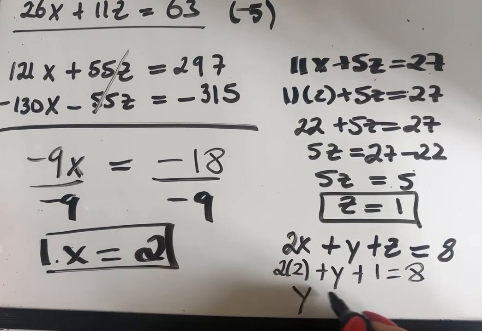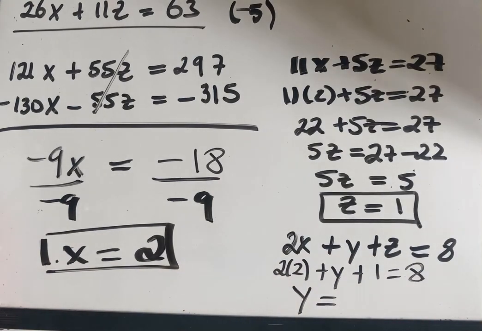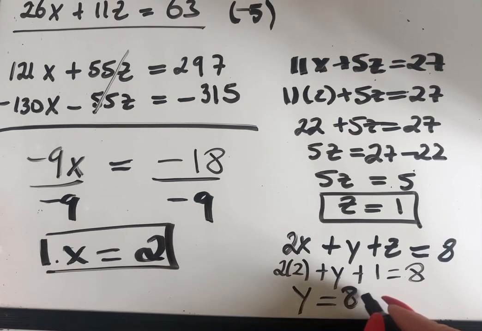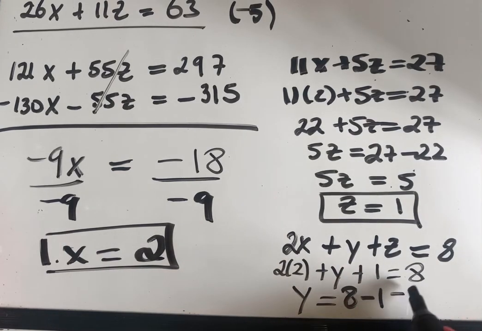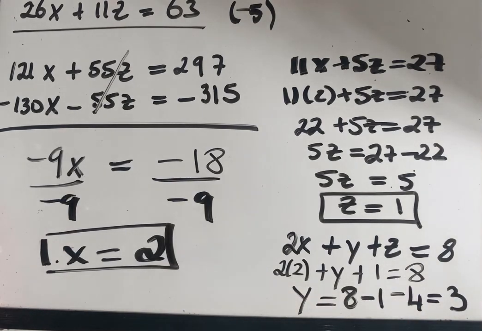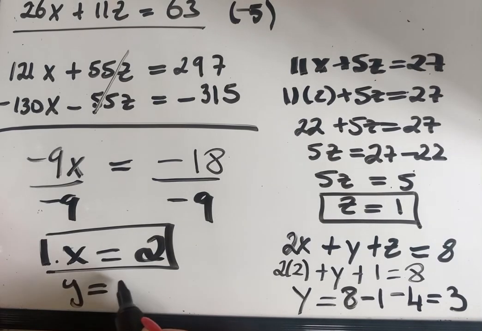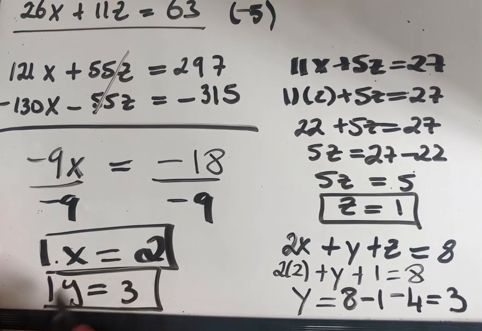So we'll keep our y here, and let's bring our numbers across. So we have 8, take away 1. This here, of course, is 4. Let's bring it over, make it a negative 4. So we have negative 5 from 8 is 3. So y is 3. So let's write it over here. So y is equal to 3. So x equals 2, y equals 3, and z equals 1.